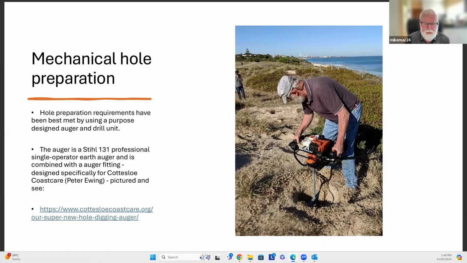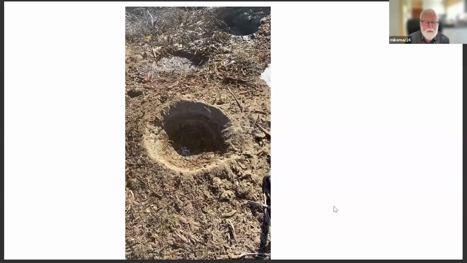The next slide shows a close up of what the hole would look like. You can see the hole next to it has had the water put into it. You can see the fertilizer in the bottom of that hole, and that's that 10-gram mix of urea and slow release fertilizer. Next slide, please.